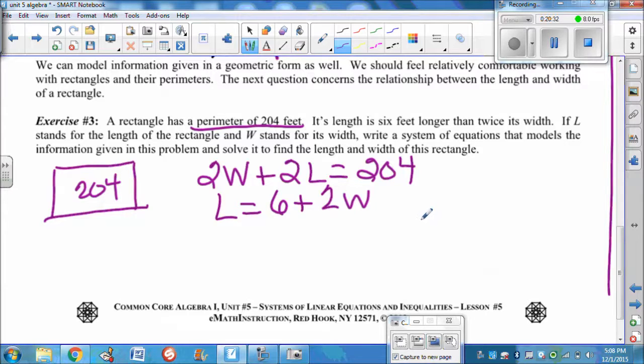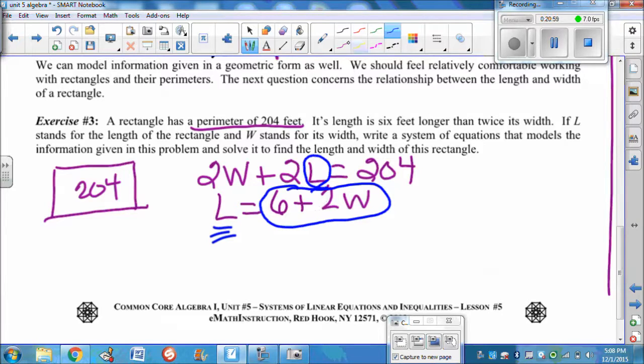Now, in order to solve this, we certainly could do this by substitution. I would say go with substitution here instead of elimination, just because of the way this is set up. If you notice, L is by itself. So you could absolutely take that, your representation of L, 6 plus 2W, and put it right there.